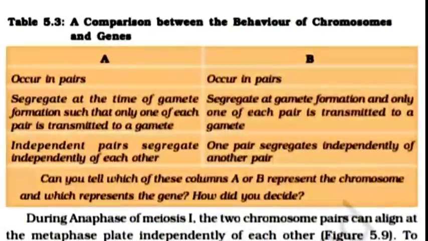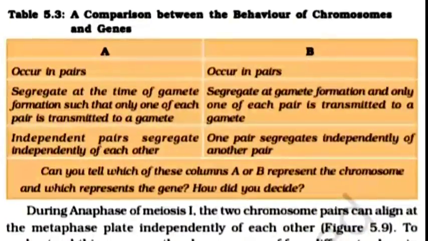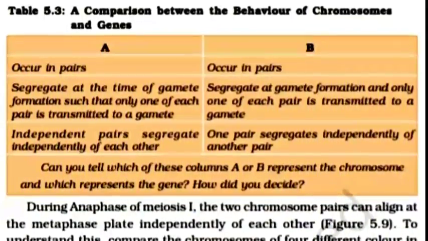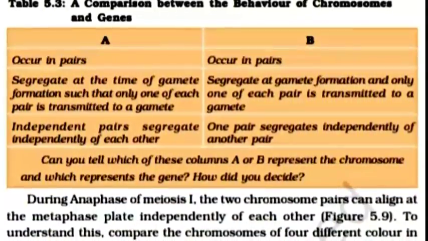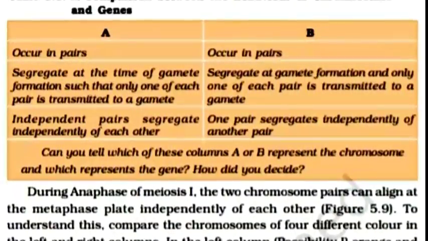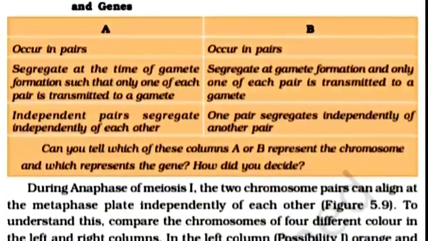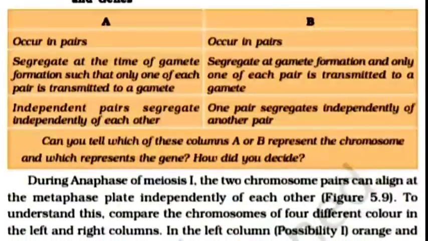Comparison between the behavior of chromosomes and genes. A: occur in pairs. B: occurs in pairs. A: segregation at the time of gamete formation such that only one of each pair is transmitted to a gamete. B: segregate at gamete formation and only one of each pair is transmitted to a gamete.